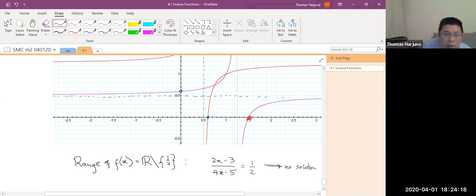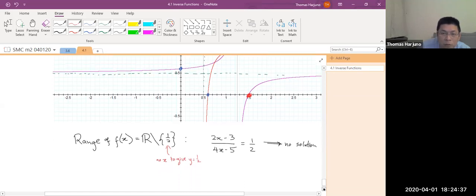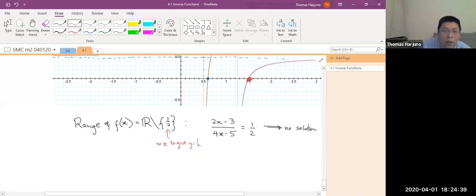When we say the range is all real numbers except 1/2, it means no x gives us y equals 1/2. Now you can try: set the original function equal to 1/2 and try to solve it.